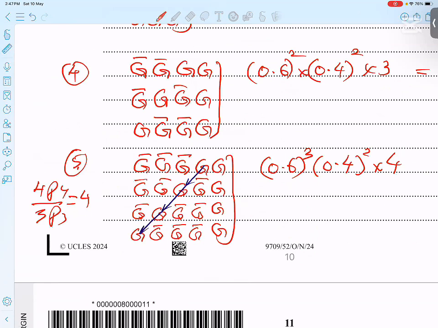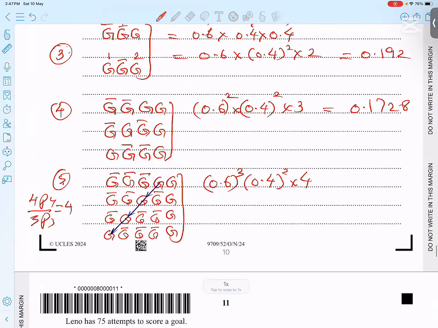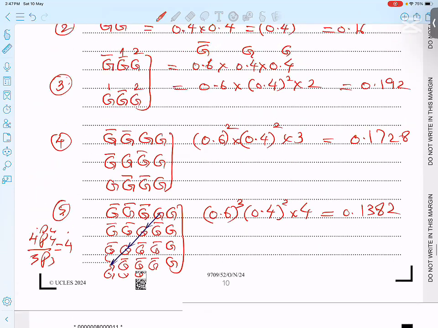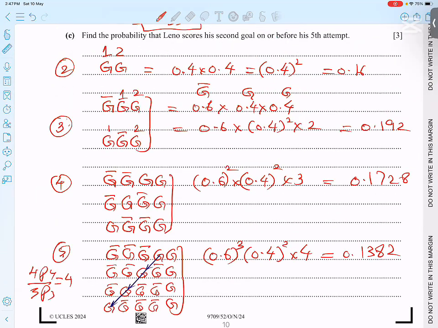And let me check in the calculator what answer I get. And the last answer after multiplying with this one, I'm getting 0.1382. Okay. And if I add them all, what is the final answer? If I add them all, it comes to 0.663. That is my answer.